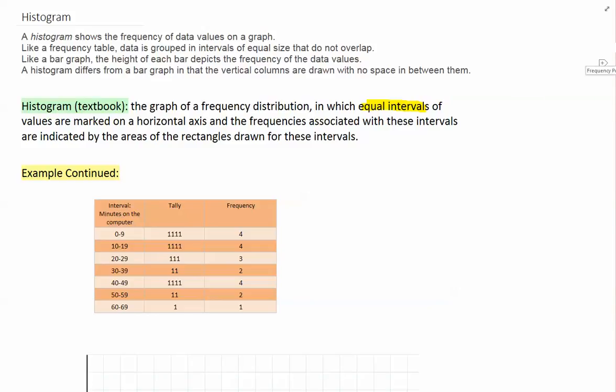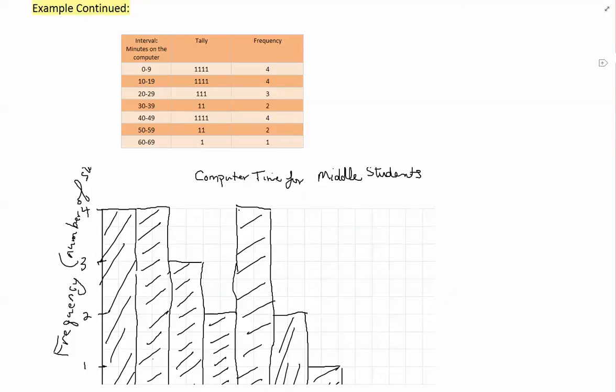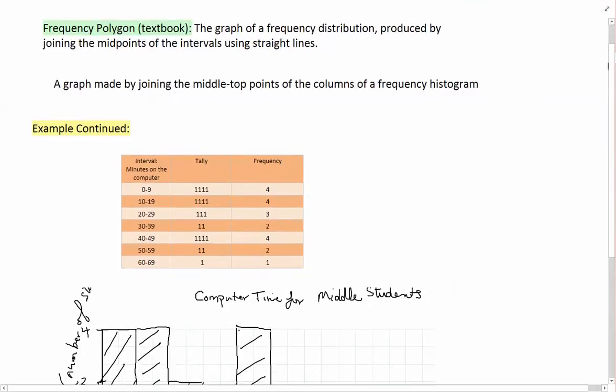Let's look at a frequency polygon. A frequency polygon is the graph of a frequency distribution produced by joining the midpoints of the intervals using straight lines. So it's a graph made by joining the middle top points of the columns of a frequency histogram.